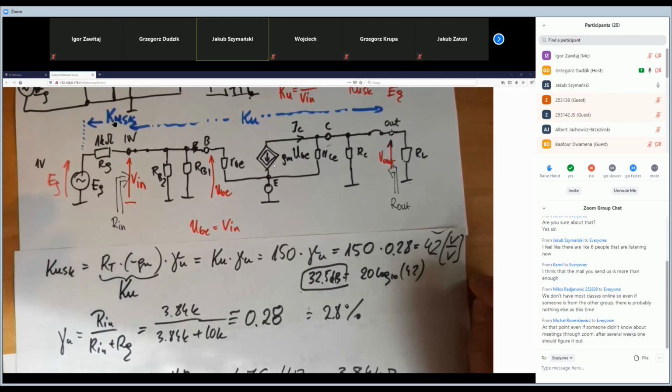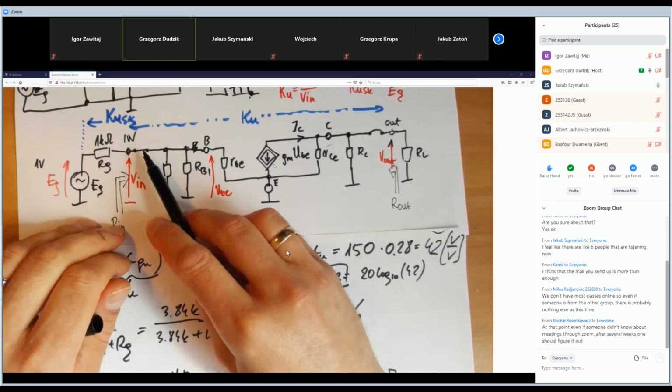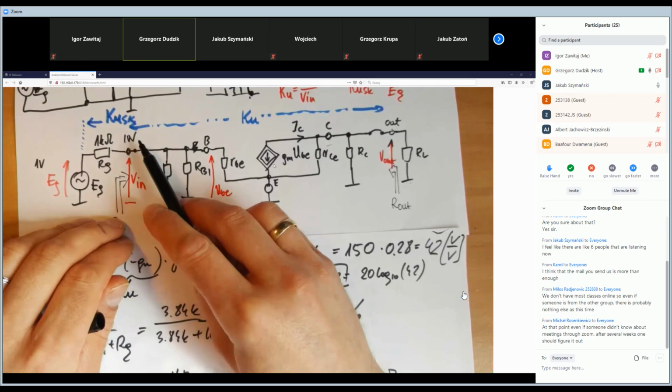Yes. So on the output of that amplifier, it is low impedance. So we would have a higher effective gain. Of course, because everything, in fact, depends on what the input impedance for your amplifier will be.